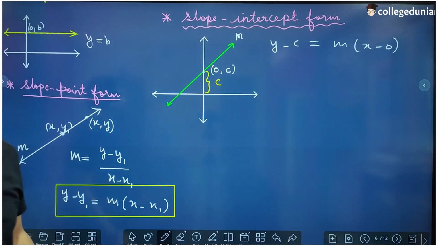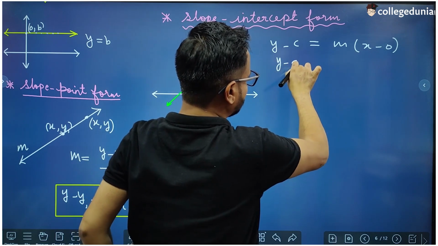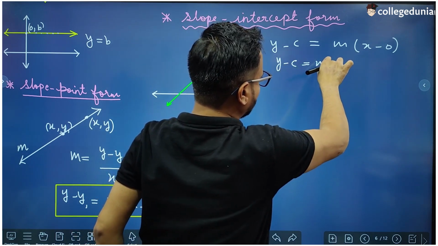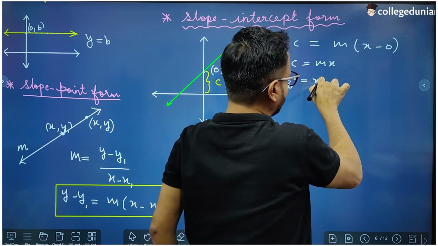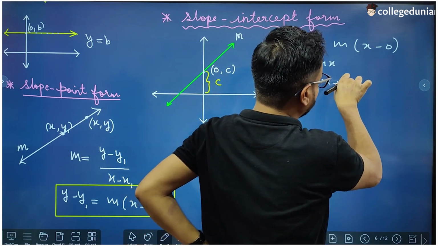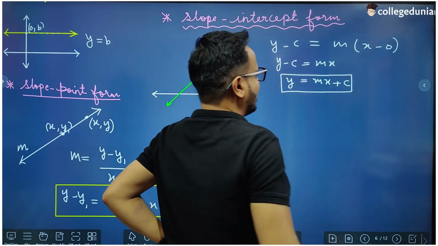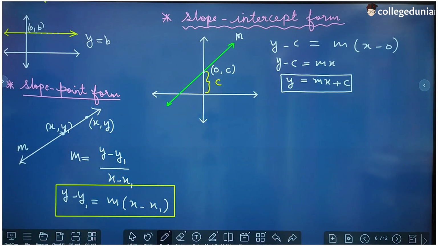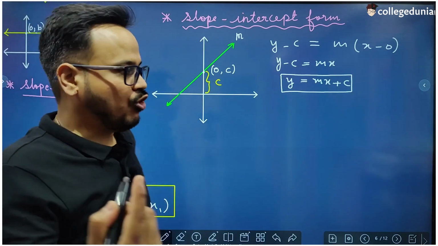X1 is 0. So it is y minus c equal to mx, or y equal to mx plus c, right? This is called slope intercept form.